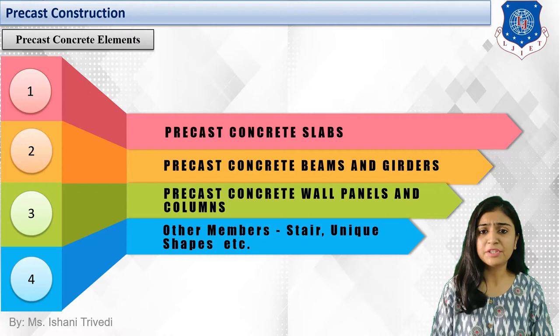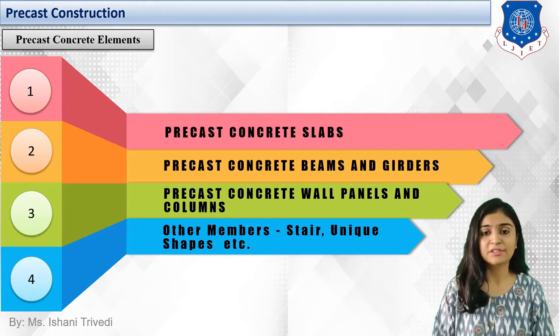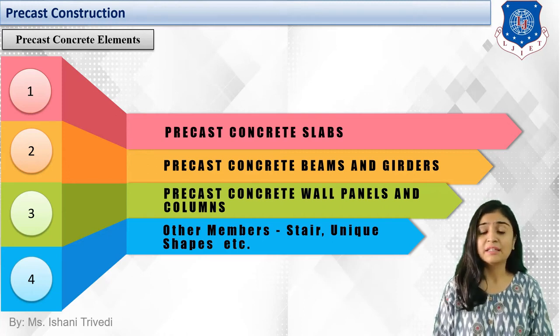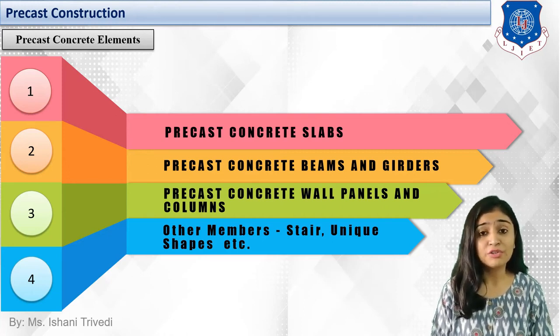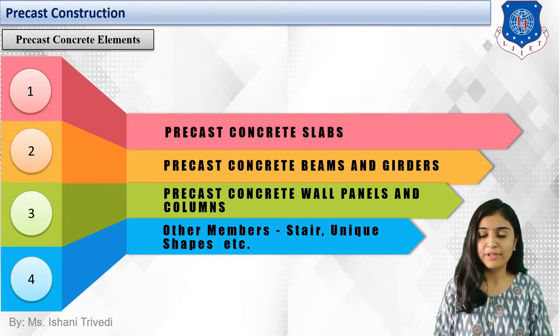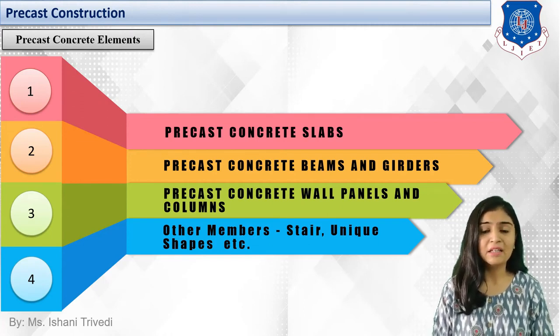Next, the second element which we have is precast concrete beams and girders. Now beam is a supporting element, which we know, and how is your load transfer mechanism? Your load comes on the slab, from slab it is transferred to the beam, from beam to the column, column to the foundation or the footing, and then to the surrounding subsoil, right?